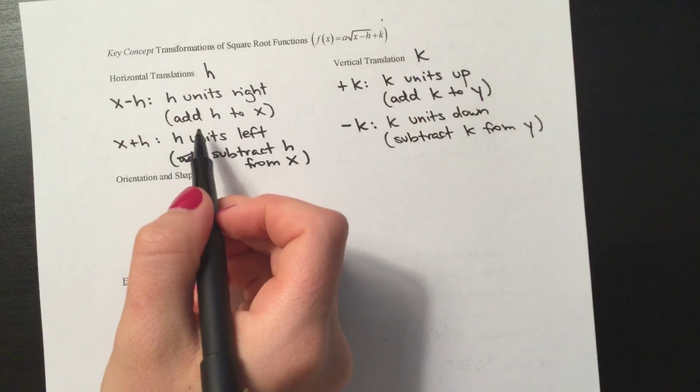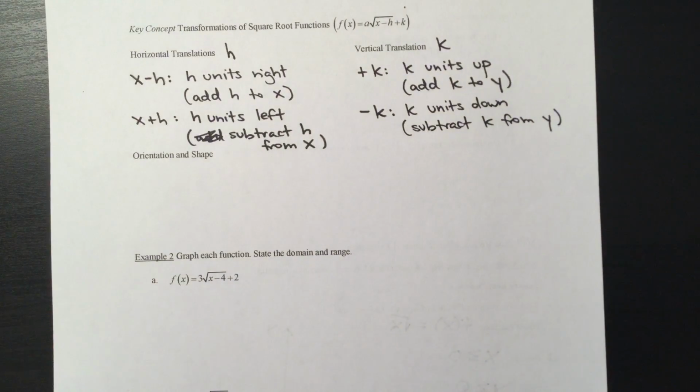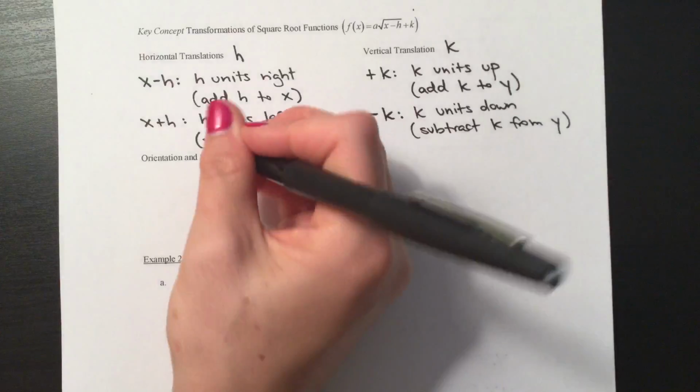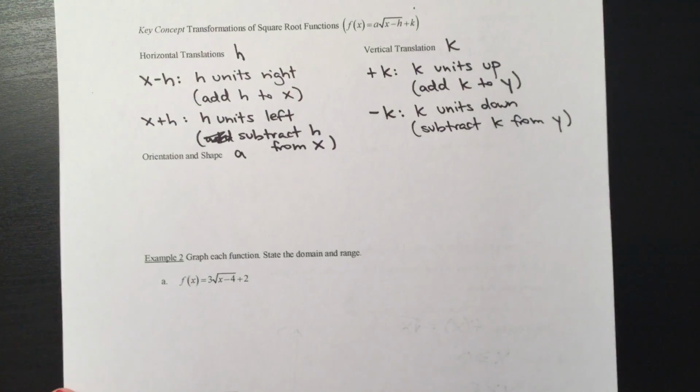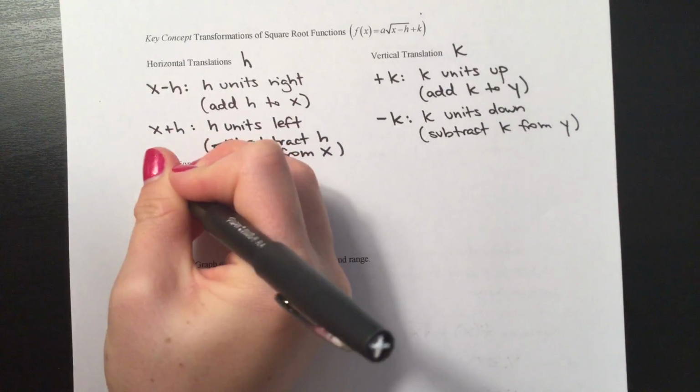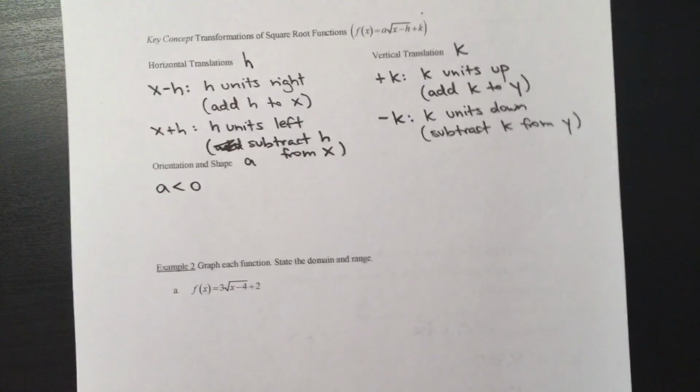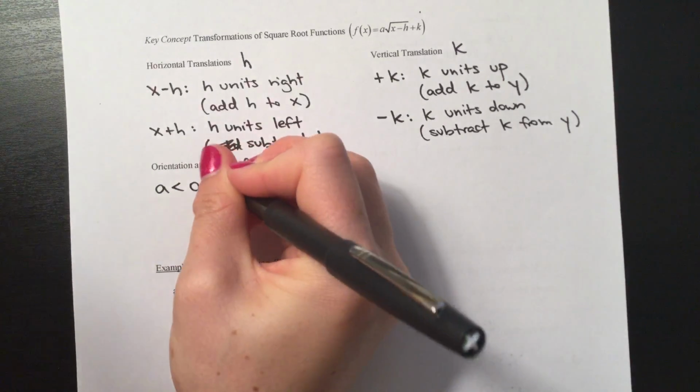So left and right affects the x values, up and down affects the y values, and then the orientation and shape, that has to do with a. So it might get flipped upside down, it might get stretched or compressed. So there's a couple different things that you could do. If a is less than 0, if that value out front is a negative, your graph is going to end up flipped upside down.